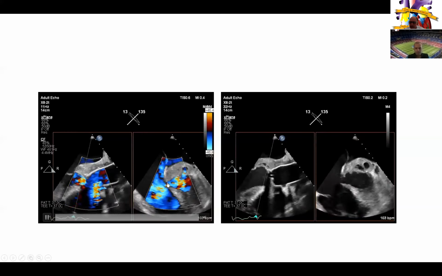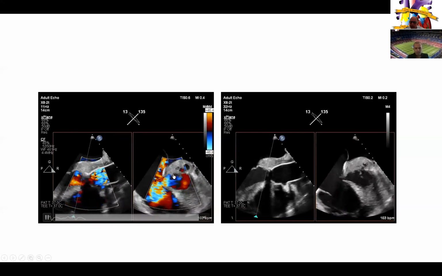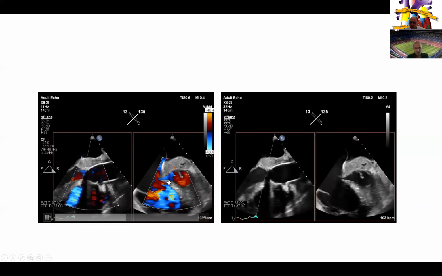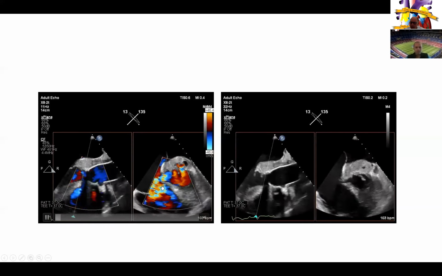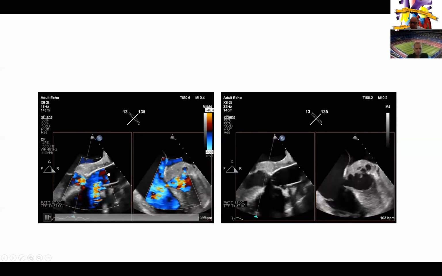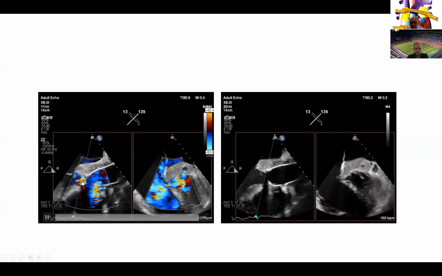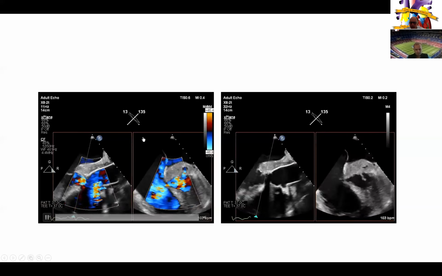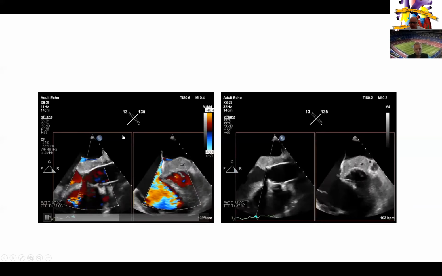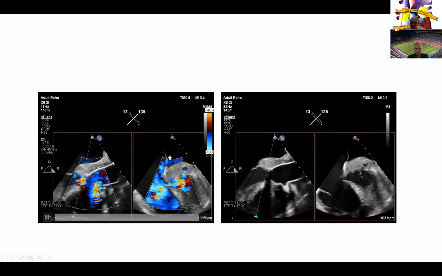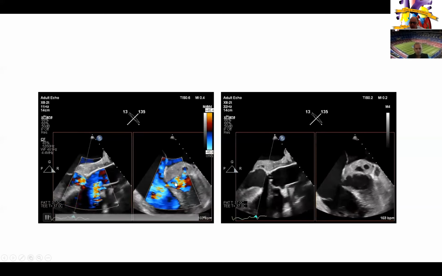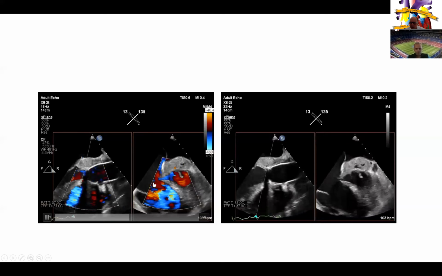This is the beautiful thing about using biplanar or even multiplanar views with modern TEE, where you can see in one plane here, you don't see any connection between the LVOT and the right side, but when you put another plane at 135 and you cross it at 13 or almost at 0, you can see that flow coming from the LVOT into the RA.